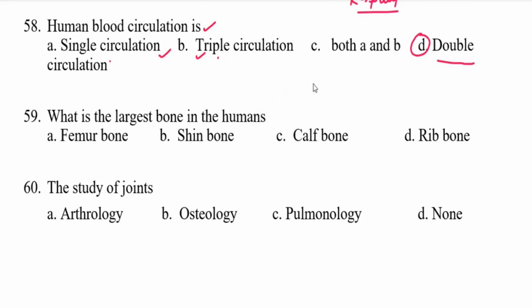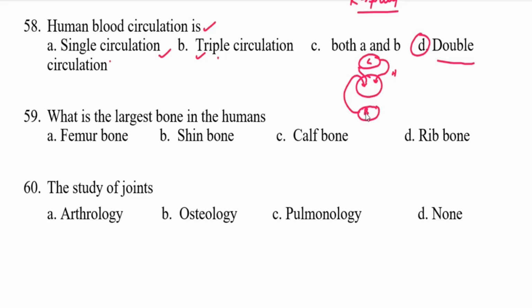That means, for example, this is the heart. The heart collects the blood from the body parts. Again from the heart this blood enters into the lungs. Again lungs to the heart.